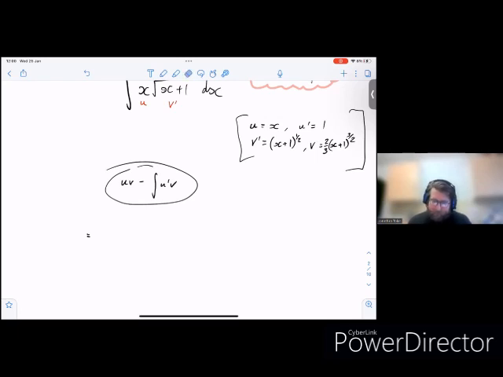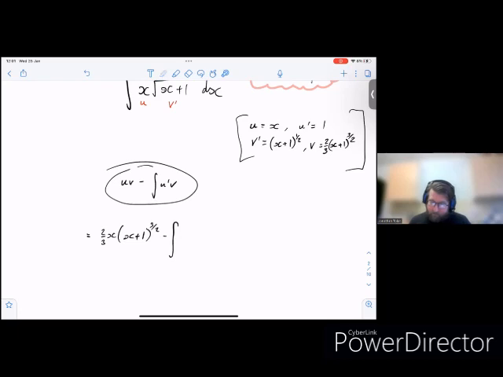This is v. So over here, uv is just x times that thing there. So we get 2/3 x times x plus 1 to the 3/2 minus the integral of u dash v.